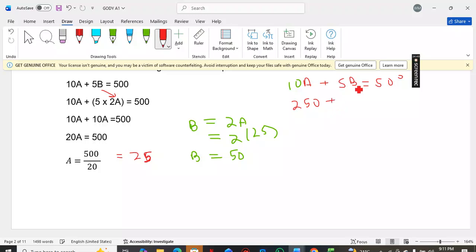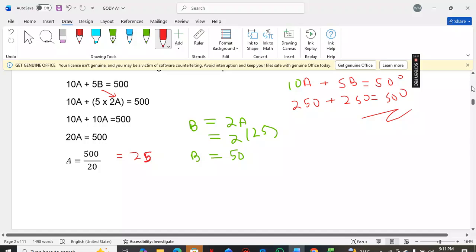If you buy 50 bananas, 50 times 5, 250 kwacha. 250 plus 250, 500 kwacha. You should use up all your money and you are satisfied. So for this consumer to get the most satisfaction, you need to buy 25 apples and 50 bananas.